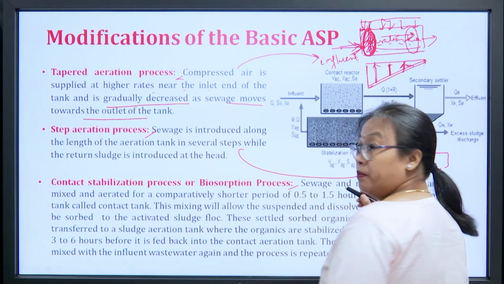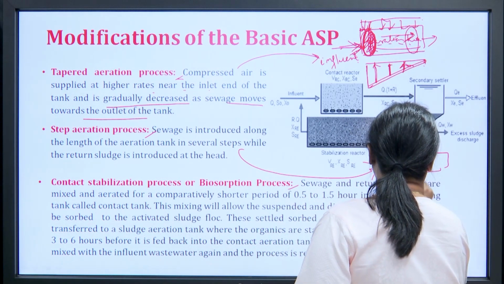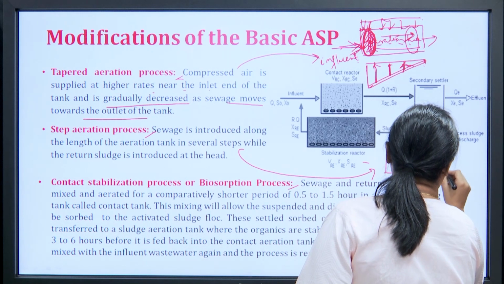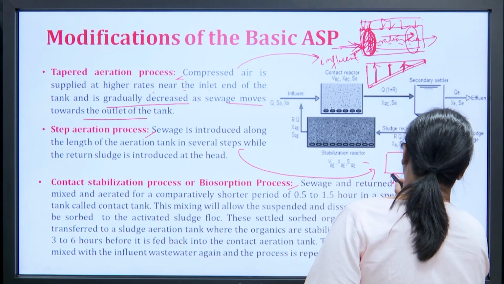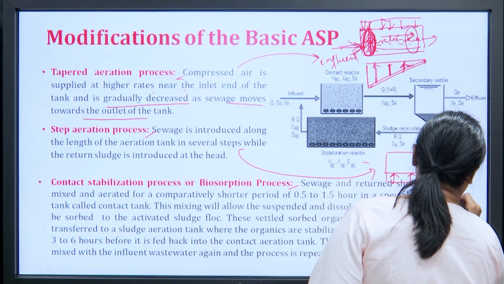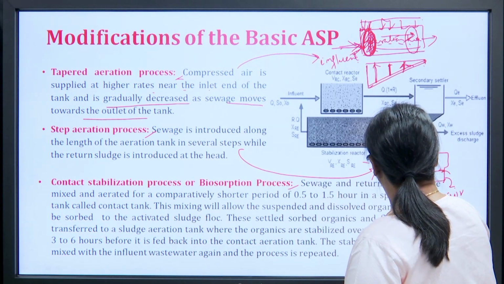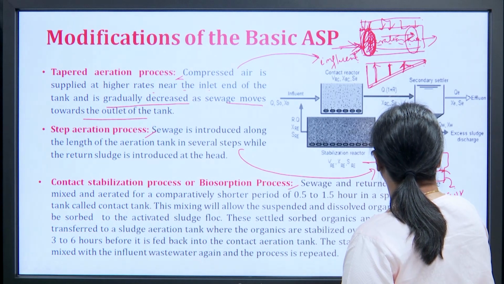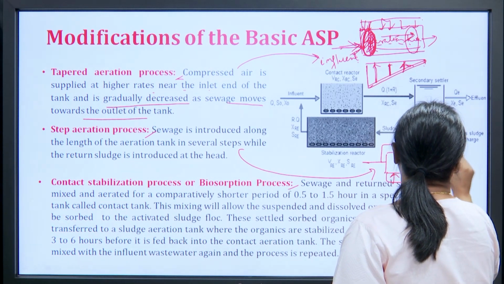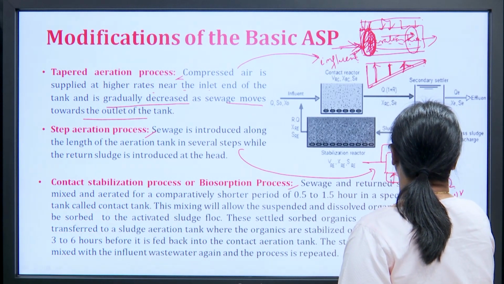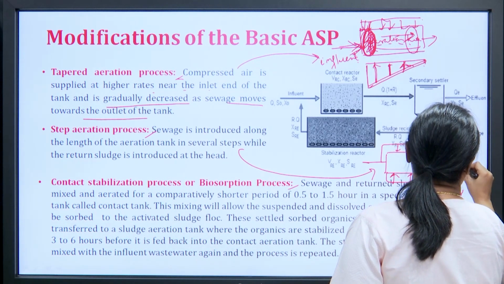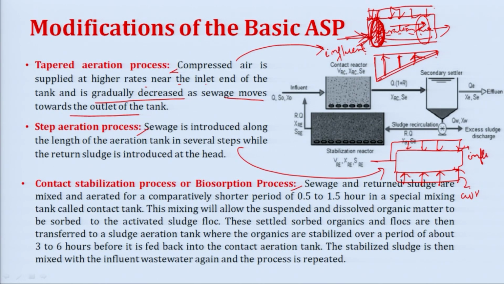इसमें क्या है, आपका एरेशन is done, ये आपका एयर है, एयर सेम प्रोवाइड कर रहे हैं, बट आपका जो इन्फ्लुएंट है is provided at different parts of the tank.